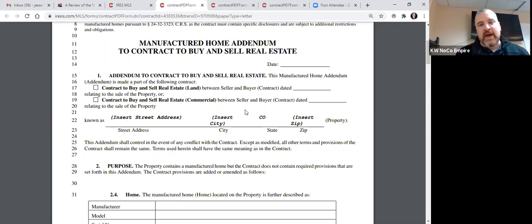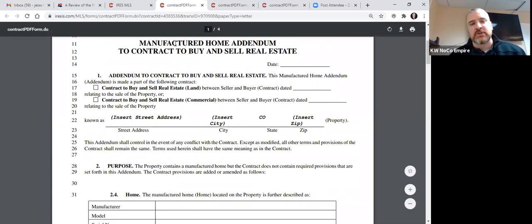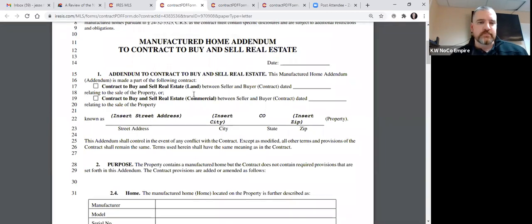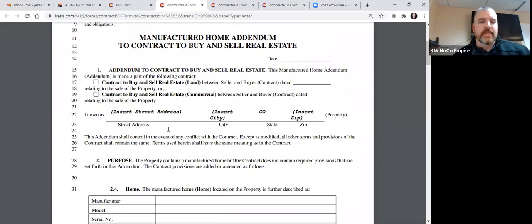So you can do that, assuming there's a real property component. And if that is the case, assuming it is not somehow a purged container home, or if it is not considered part of the real property, then what you're going to do is you're going to use the land contract in conjunction with a manufactured home addendum, even though it's not necessarily a manufactured home as you and I think of it, right? That makes sense? Yeah, that was perfect.